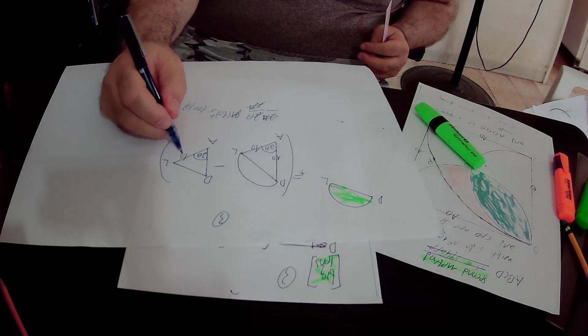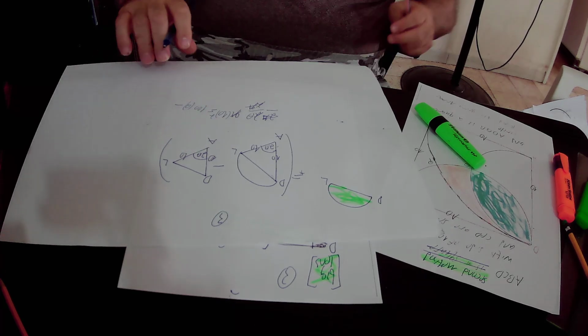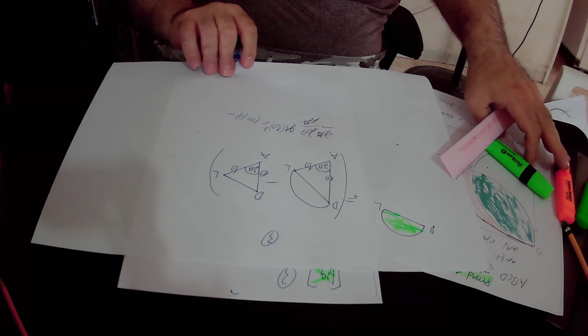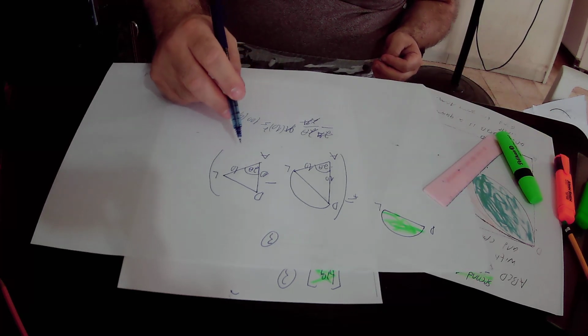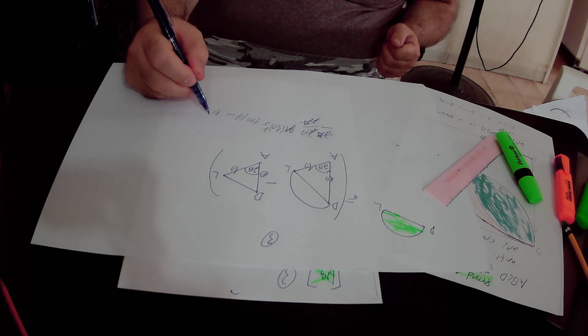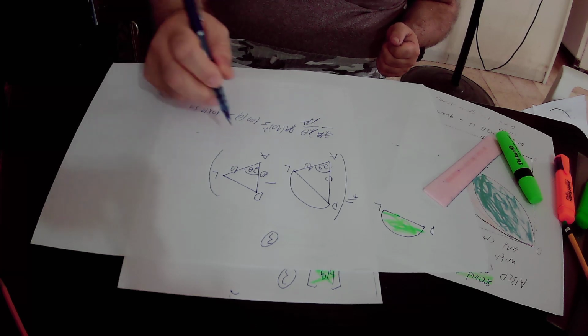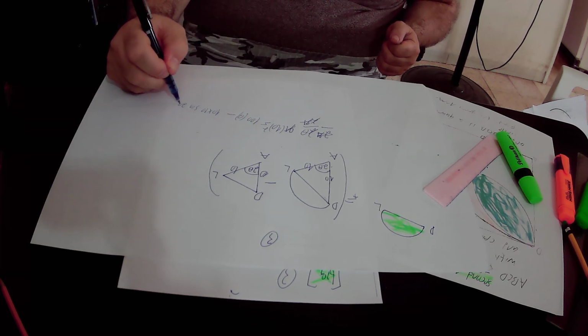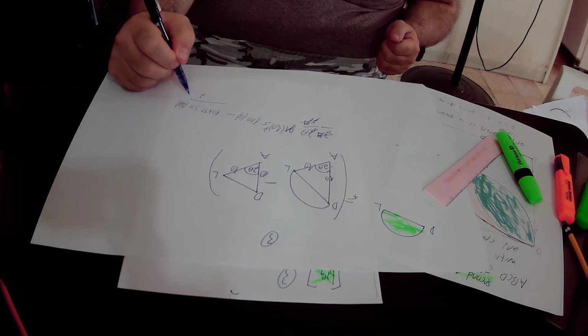AL equals 10, AD equals 10. So the area of triangle ADL equals the multiplication of the sides by each other, that is 10 times 10, times sine of the angle between the sides, that is 2 theta, over 2.